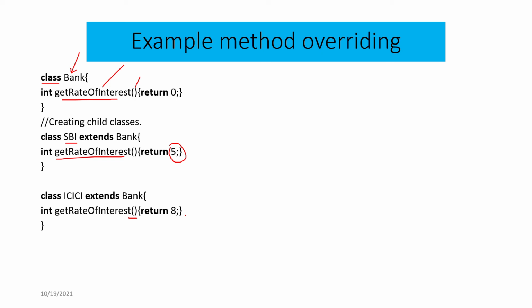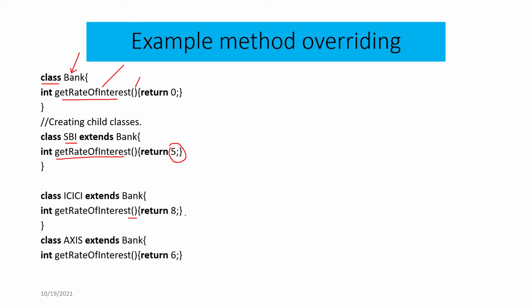Next, the third child class is Axis. My parent class is again Bank, and here again I'm overriding, and this method returns 6. So all three methods return different values. SBI returns 5, ICICI returns 8, and Axis returns 6.